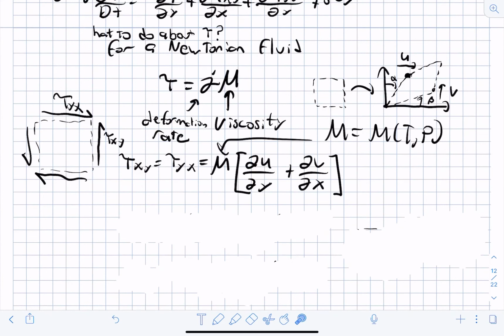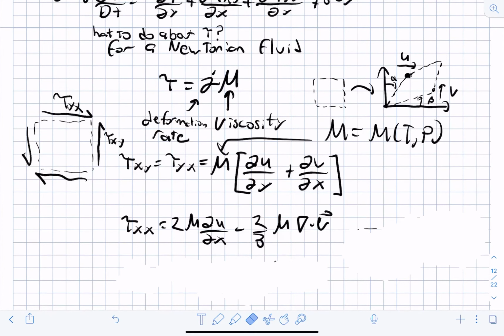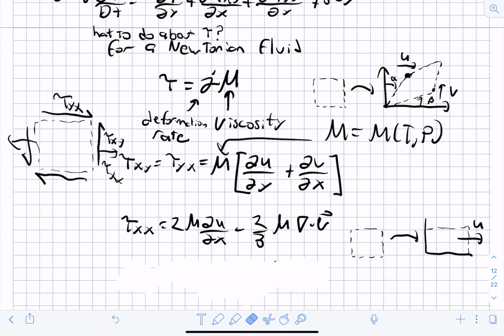Okay, then we need the stress in the normal direction. So this would be tau xx, and that is equal to twice the viscosity times partial u partial x minus 2/3 mu times the divergence of the velocity. Basically where this comes from is a viscous stress for taking this nice square fluid element, and the stress in the x direction is related to the friction of stretching this fluid element out.